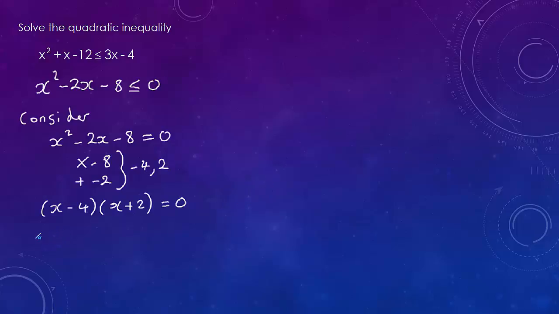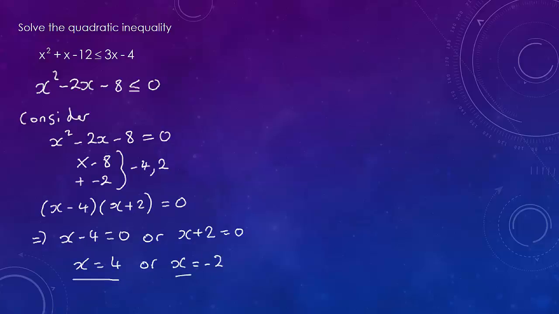And that would give me that x minus 4 is equal to 0, or x plus 2 is equal to 0. So x is equal to 4, or x is equal to negative 2.